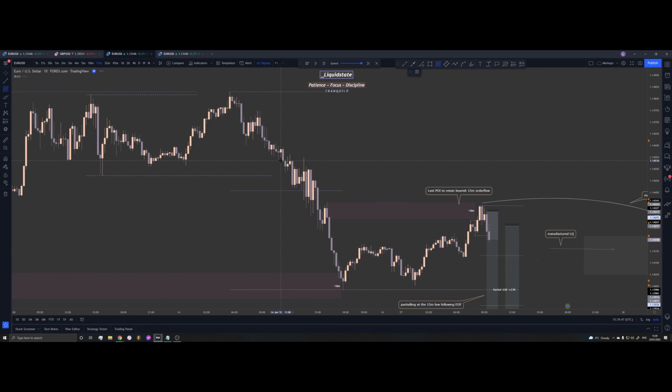And 15M is a little bit more complex, but not crazy. As you can see, I've written here, our 15-minute order flow would be all of this internal stuff, like this low, this high, this low. It looks super messy, but we've got this well-defined low, this well-defined high, and then one consecutive push of bearish candles.